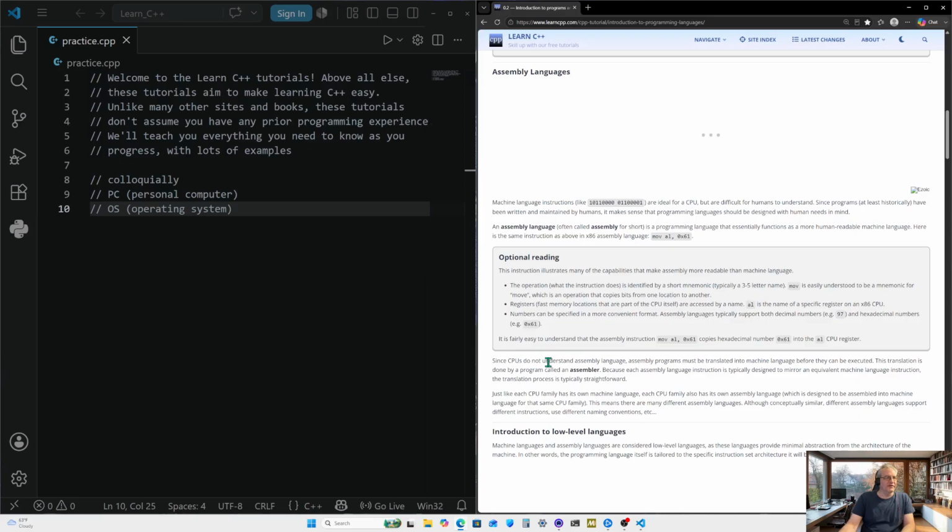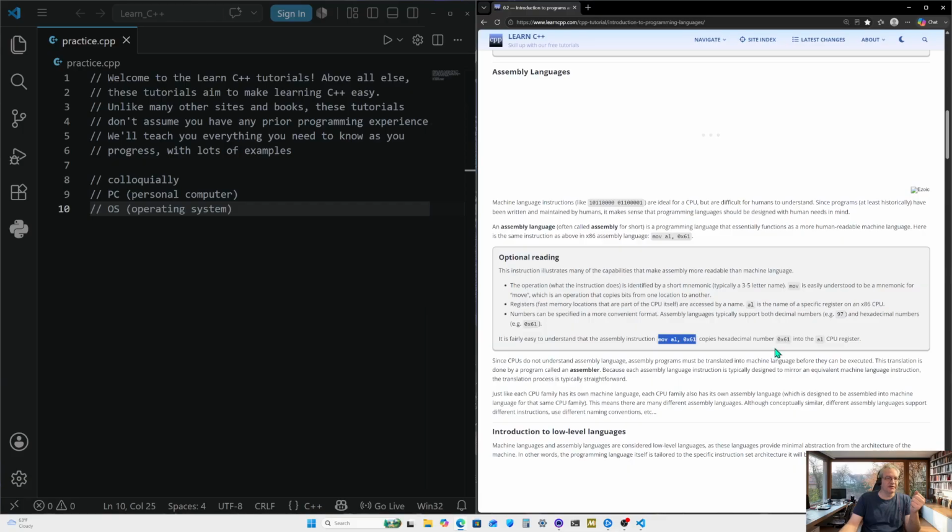It's fairly easy to understand the assembly instruction that we've mentioned here, the move and so on. I know I just read it, but trying to understand it quickly just by reading the text right there, it's still complicated for me.